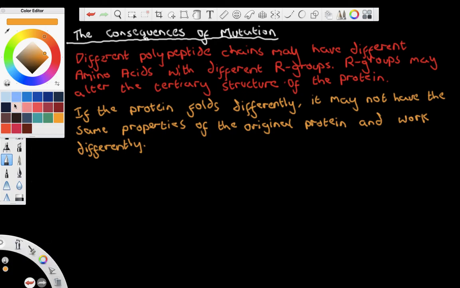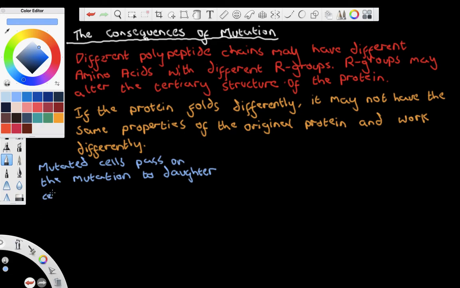So we can say that mutated cells pass on the mutation to daughter cells during cell division.